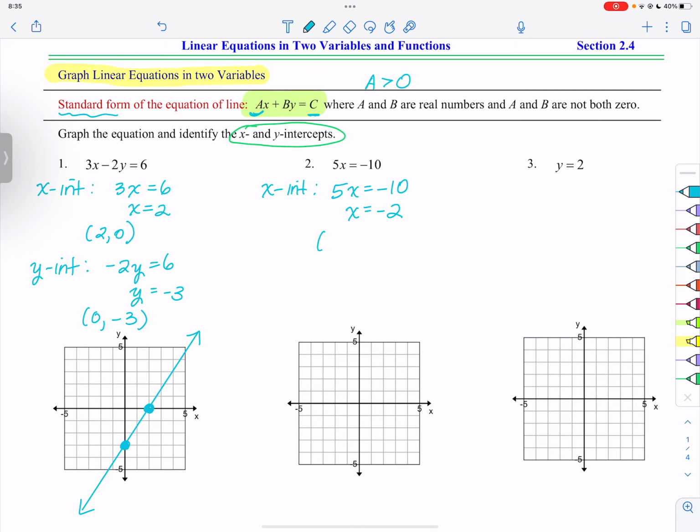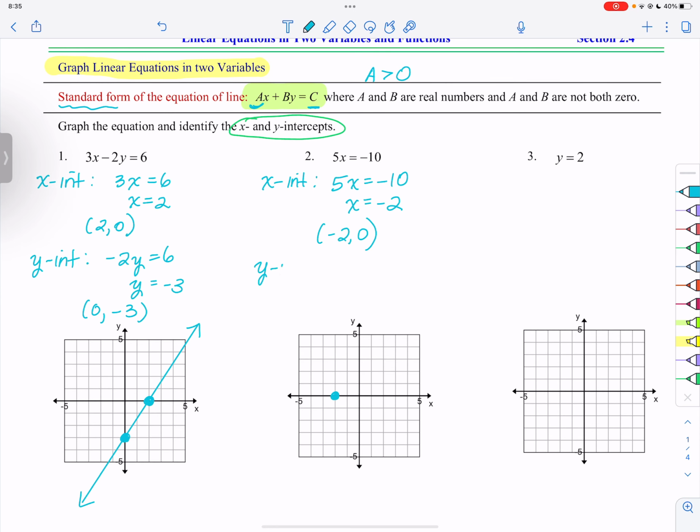The point generated is (-2, 0). That's our x-intercept. For the y-intercept, we will let x be 0, but as you can see, we get 0 equals negative 10, so there is no y-intercept.